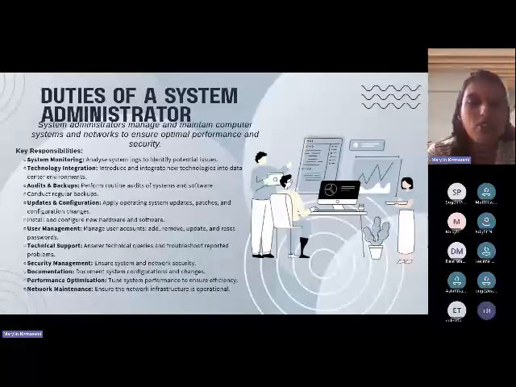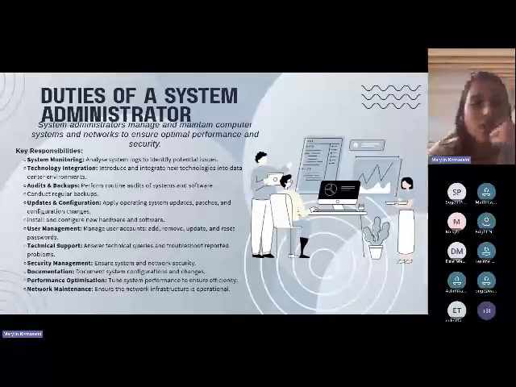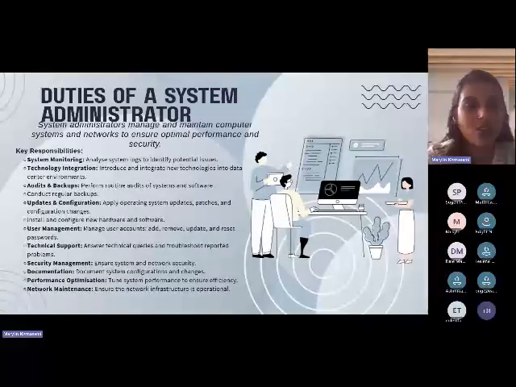Their role is essential for ensuring the stability, security, and performance of computer systems and networks. So you can see that this is quite a big role to fill, and it doesn't just mean that there's one aspect they have to deal with. It's quite a bit, and you can imagine if you're not somebody that's into IT, this can be overwhelming. So let's dig a bit deeper into what these key responsibilities are.